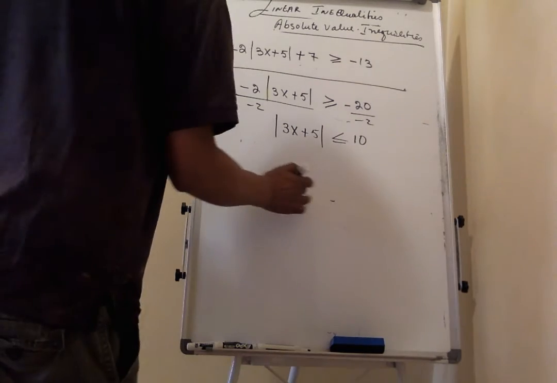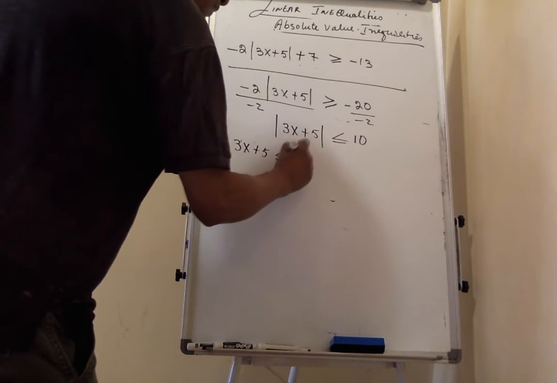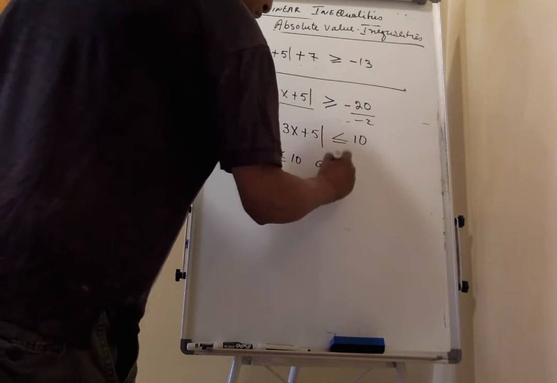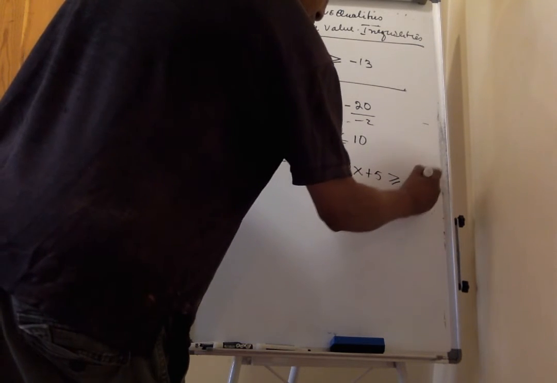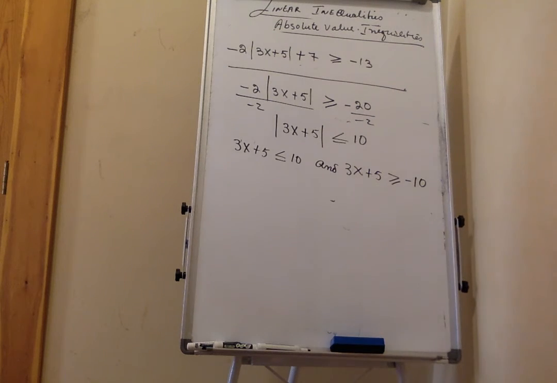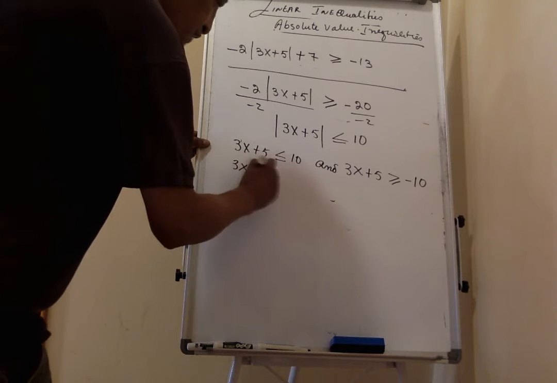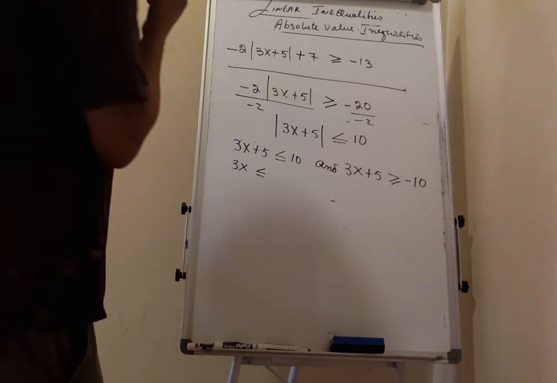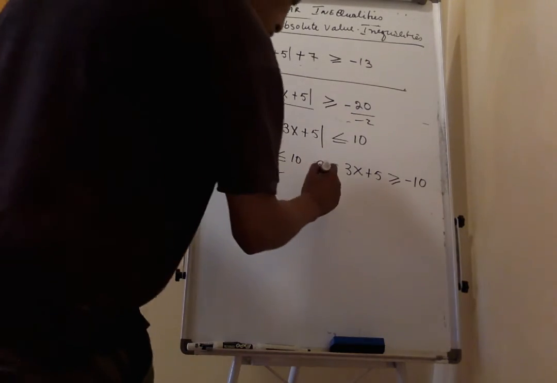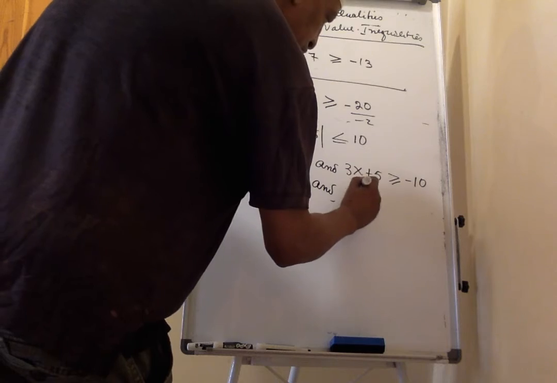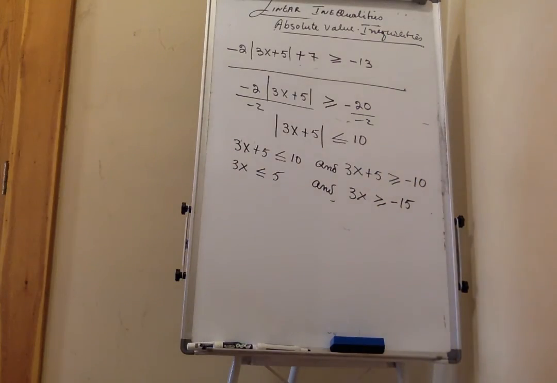Now, when you take it out of the absolute value, you have 3x plus 5 is less than or equal to 10, and 3x plus 5 is greater than or equal to negative 10. Go ahead, this 3x is less than or equal to, if you move 5 to the other side, it's going to be 5, right? And 3x is greater than or equal to negative 15, right?